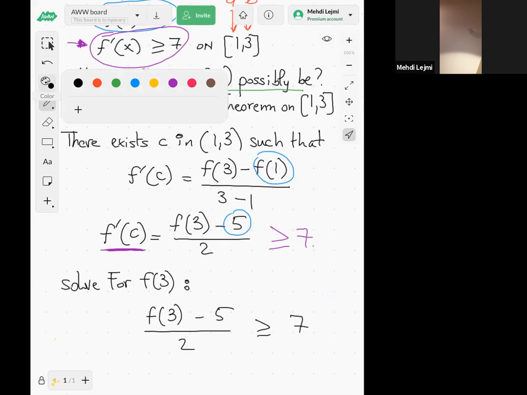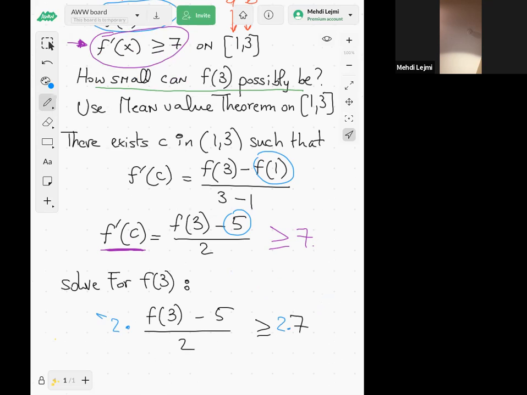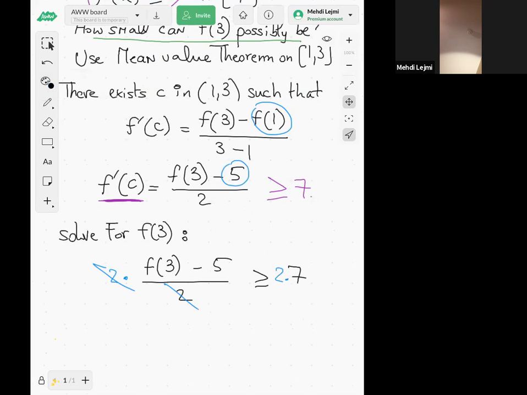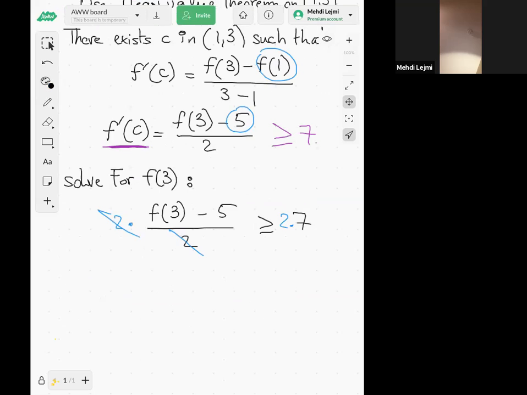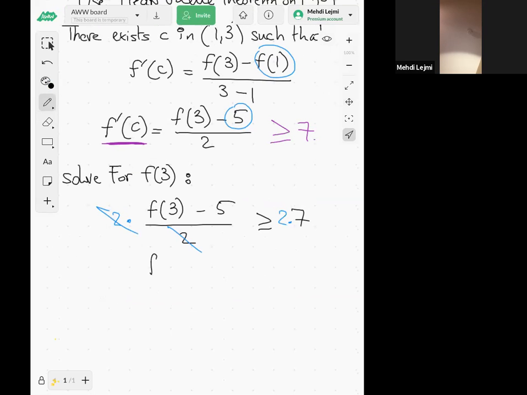I'm going to multiply by 2 both sides, so this 2 cancels out. So then f of 3 minus 5 is larger or equal to 14. I'm going to add 5 both sides. So then f of 3 would be larger or equal to 19.